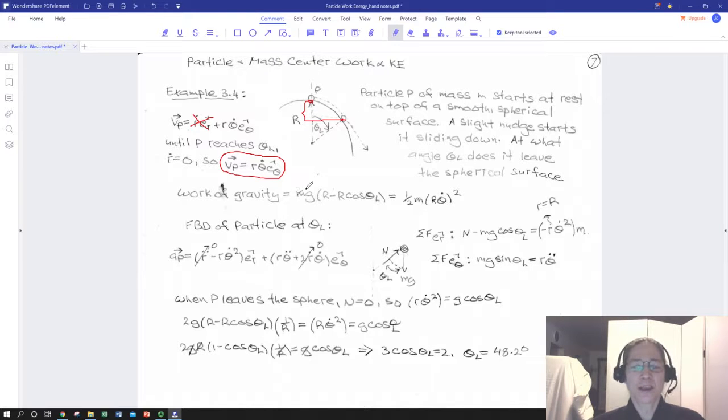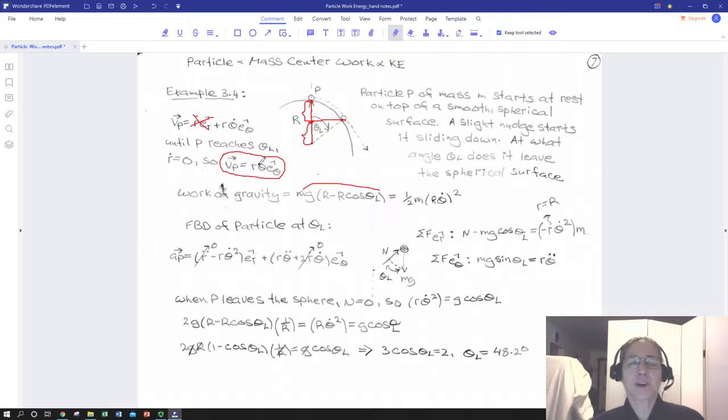So we can write that here, mg of the total radius minus r cosine theta. It's going to give us our total work done by gravity, which we can then equate to, ends up being this.